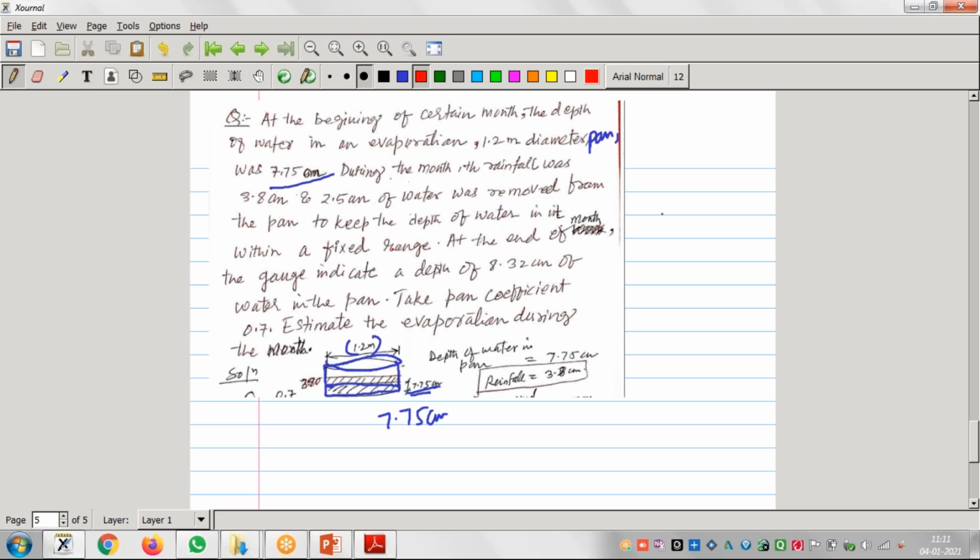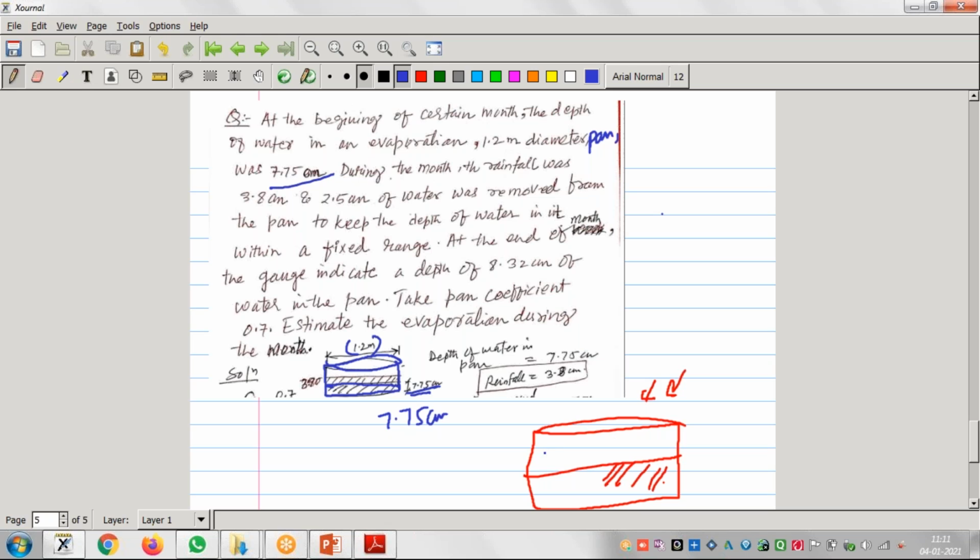Then what is it saying, during the month, means in 1 month, the rainfall was 3.8 centimeter, and 2.5 centimeter of water was removed from the pan to keep the depth of water in it within a fixed range. Like there was a pan, right? Within that pan, some depth of water was there, right? What happened? One rainfall occurred. So rainfall occurred, then what will happen? Then it is filled with water.